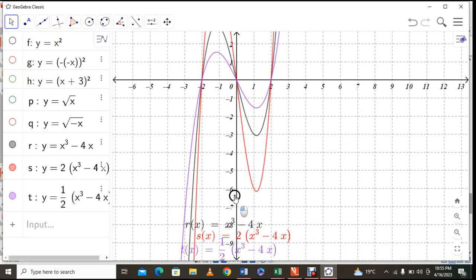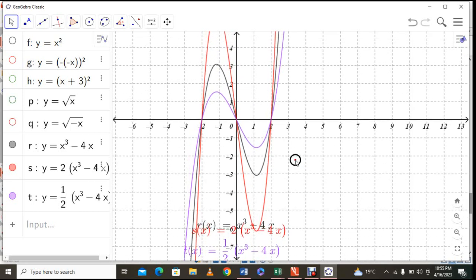So that is what happens when we talk about a stretch. The stretch is the whole function multiplied by some number. If that number is greater than 1, then it's a stretch. If you take the whole function and multiply it by a fraction, it's a compression in the y direction.